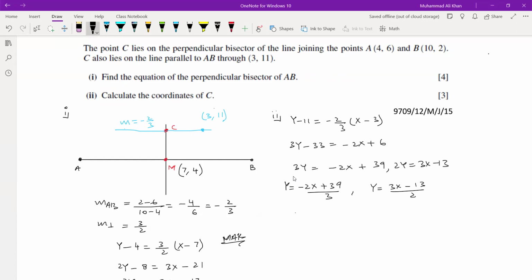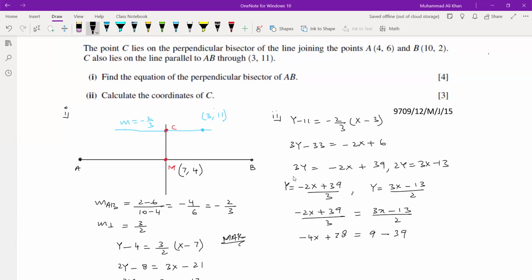Equate both y's: minus 2x plus 39 over 3 equals to 3x minus 13 over 2. Cross multiply, 2 2s are 4x, 39 multiplied by 2 is 78, equals to 3 multiplied by 3 is 9x, and 3 multiplied by 13 is 39.